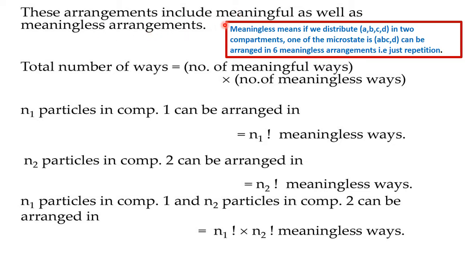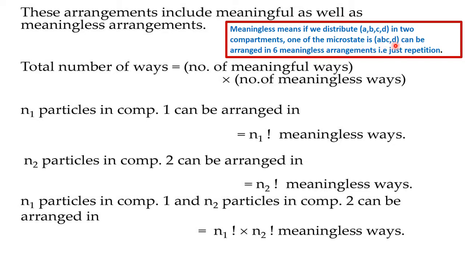Now you may be confused about what meaningful and meaningless arrangements mean. See, suppose we distribute four distinguishable particles A, B, C, D in two compartments. One of the microstates is A, B, C in the first compartment and D in the second compartment, which can be arranged in six meaningless arrangements. What are these six meaningless arrangements?